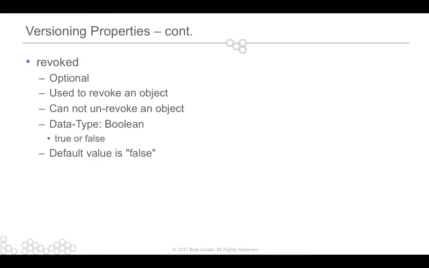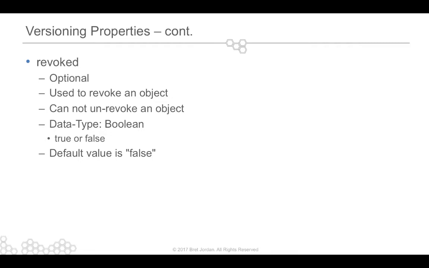The revoked property is optional on all objects and is used when a producer needs to revoke a previously issued object. Revoking an object requires the object to also be versioned, meaning that in addition to setting the revoked property to true, the modified timestamp must also be updated to reflect the date and time when the object was revoked.